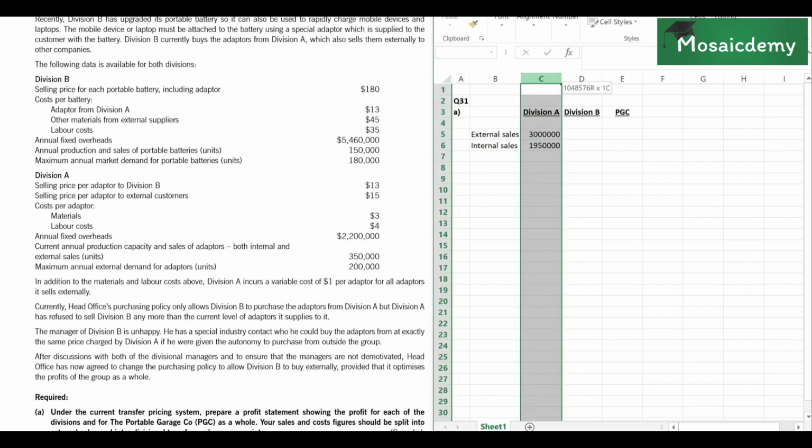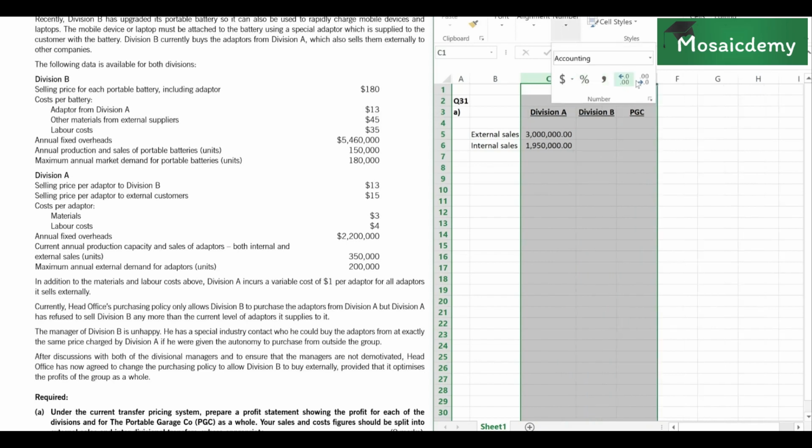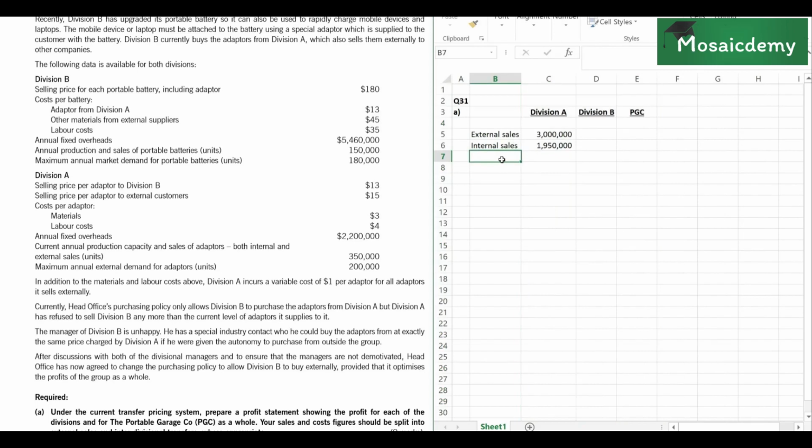And since this is all going to be in accounting format, let's just make it easier for us to read with the commas in between. Now keep in mind that these internal sales of division A will be equivalent to the internal costs that division B incurs for buying from division A. So the adapter from division A is also for $13 and they're also buying 150,000, so it'll be identical in cost to that. Okay, so we might as well just fill that out as well.